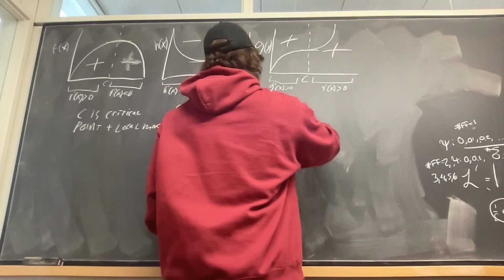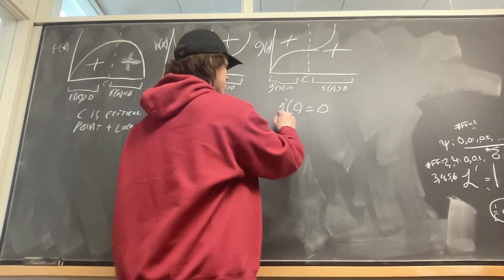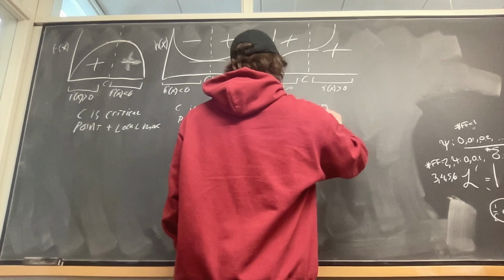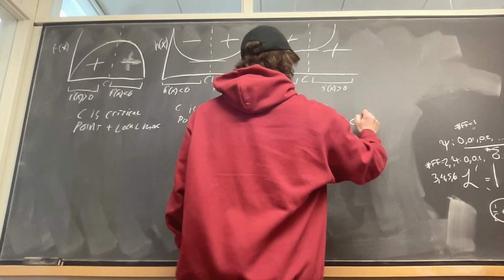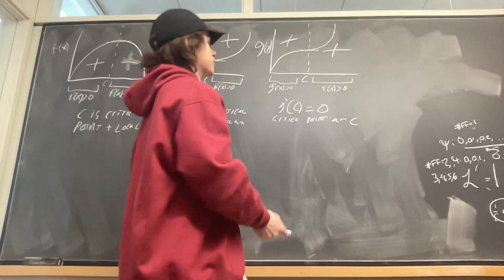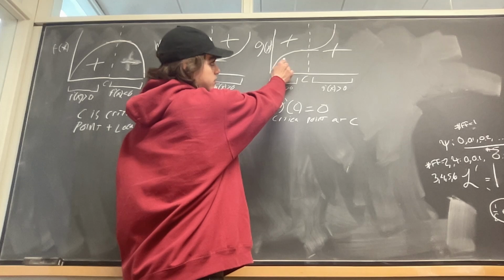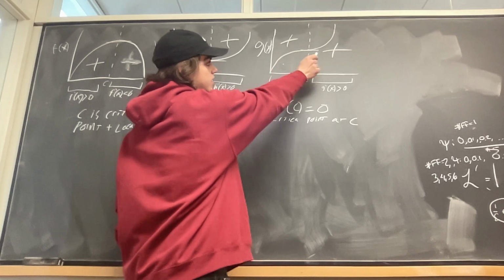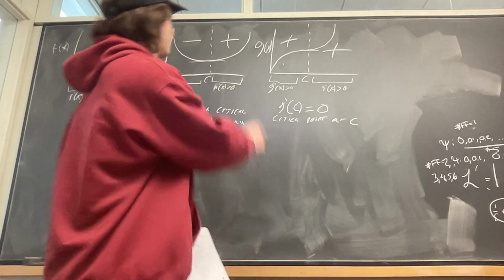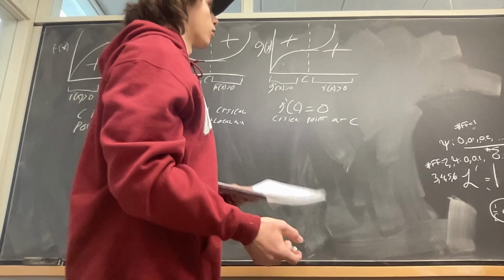So we write that as g prime of c equals zero, which means that there is a critical point at c, but it's not a local max or min, because the derivative of the function is positive when x is less than c, and positive when x is greater than c. Because there's no change from either negative to positive or positive to negative, that means that there's not a local max or a local min.